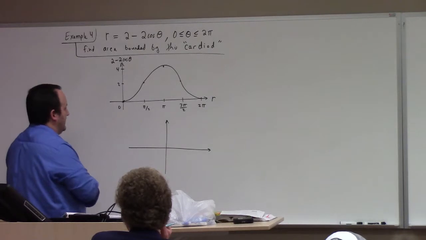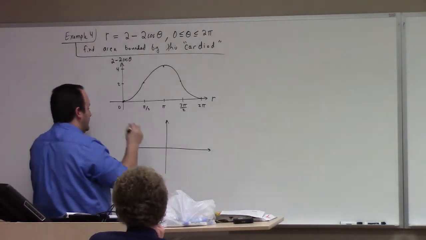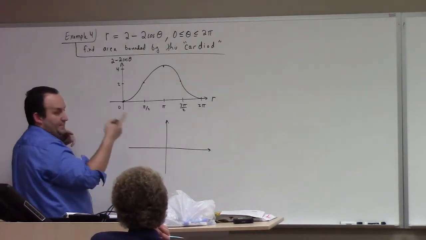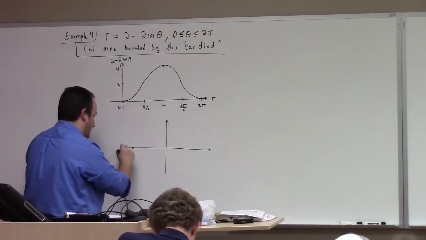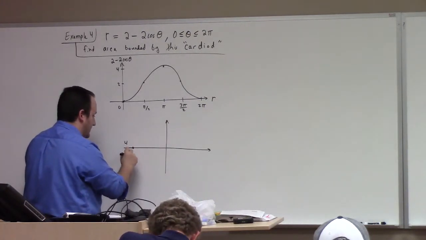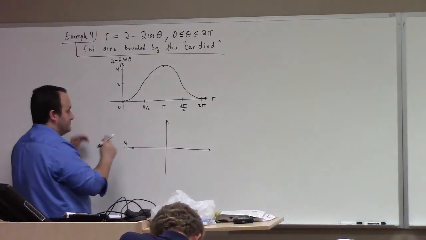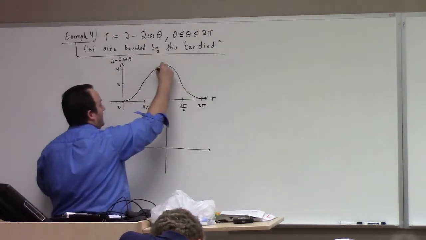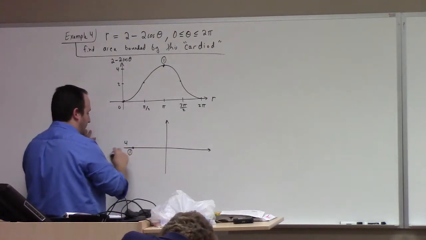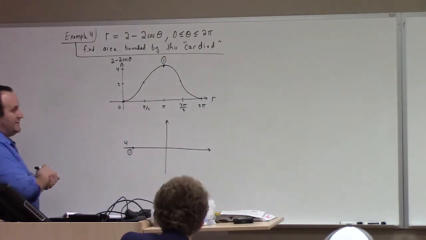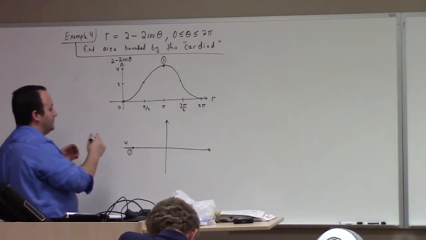So what's going on here? We start out, the largest we get is radius 4 at pi, right? So maybe we're over to here at radius 4 at pi. Let me call that point 1. I'm just labeling so you guys can tell what I'm doing.